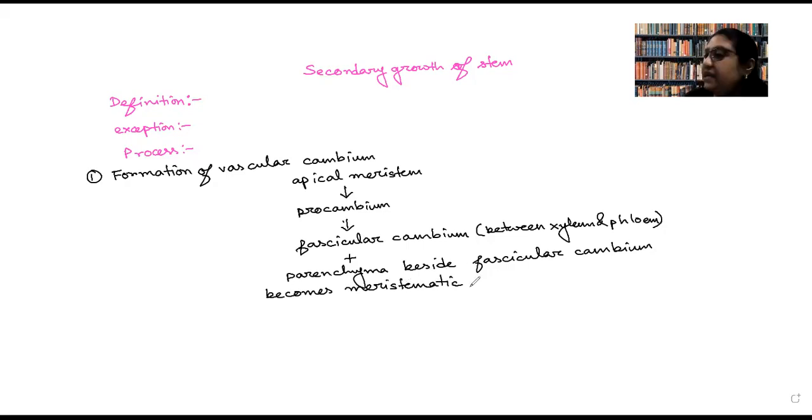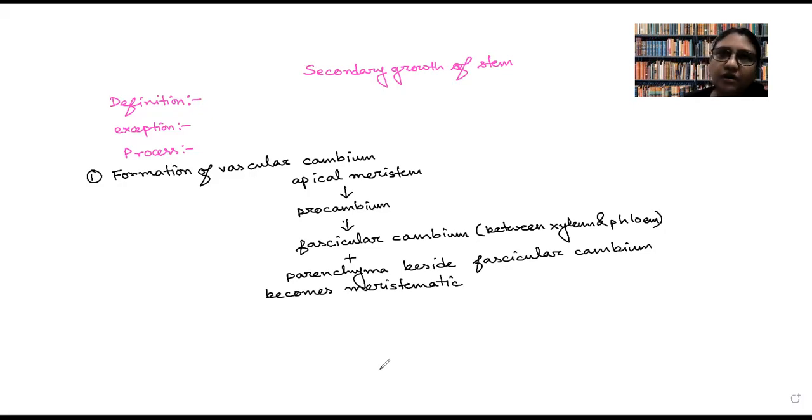Is parenchyma a meristematic tissue or a permanent tissue? Generally it is a permanent tissue, but in this case, as the vascular cambium formation takes place, the parenchyma residing by the side of fascicular cambium turns itself into meristematic.